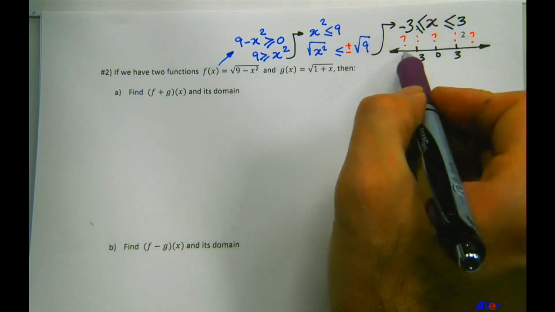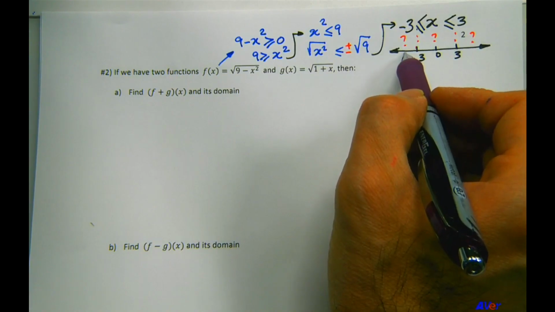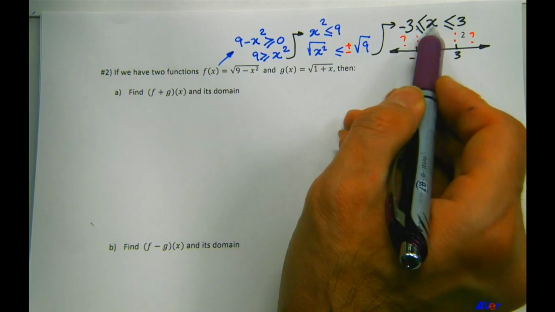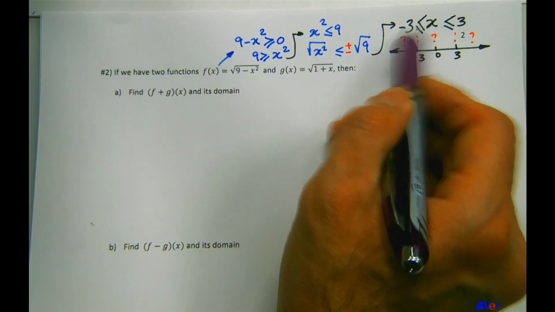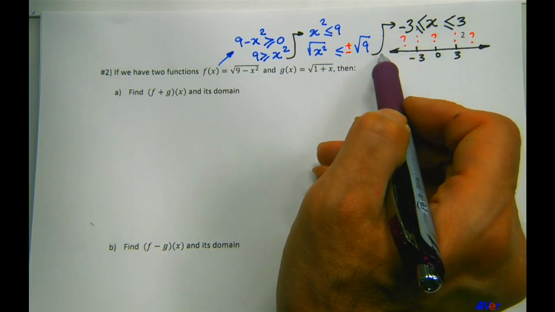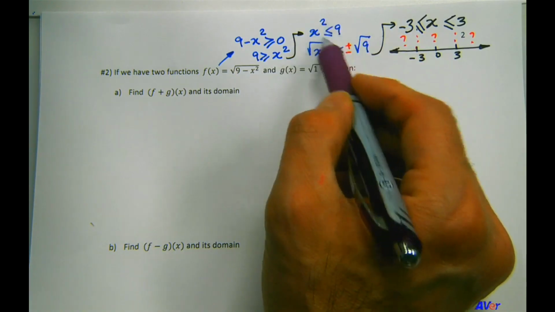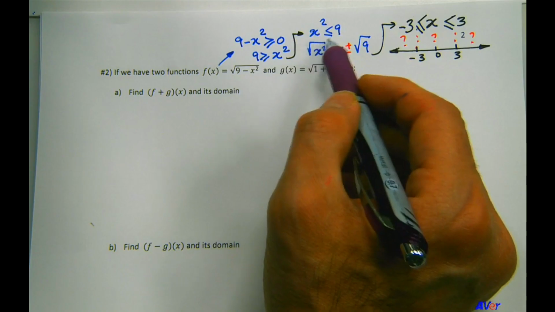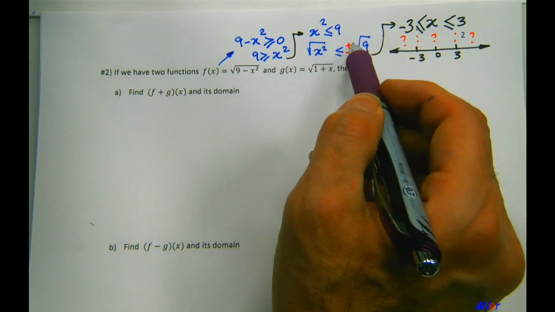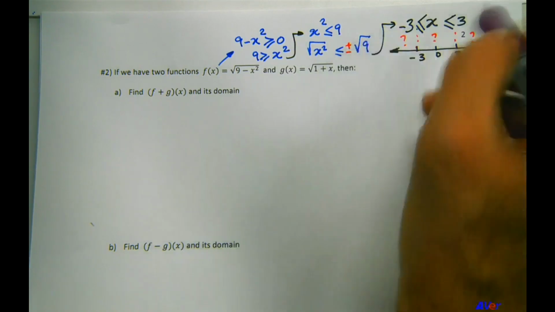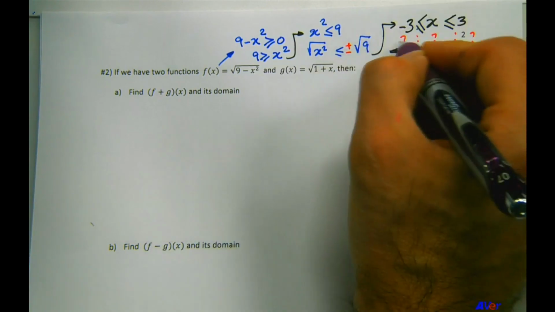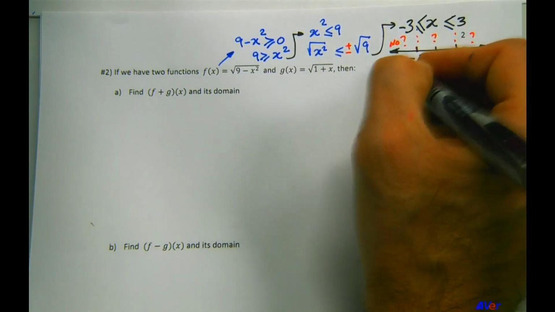So if you pick a number here, -4, it should not work out, right? Because that's what we figured out. We figured out that x should be between -3 and 3. So if you substitute -4 for x, you get +16. +16 is not less than or equal to 9. Okay, so this region is not a part of the solution.